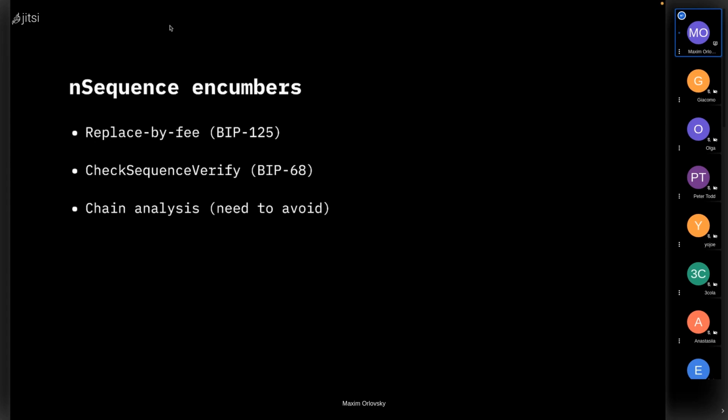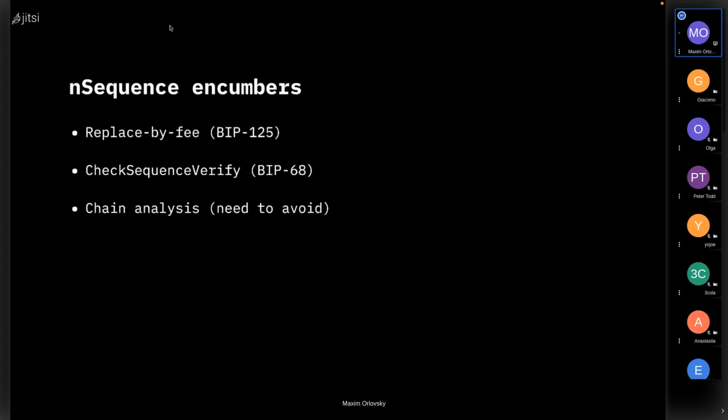So if I'm getting something wrong, he can prove me wrong. And the second one is CheckSequenceVerify, which is a way we can verify that a certain transaction spends an output after a relative amount of time, either in blocks or in seconds.